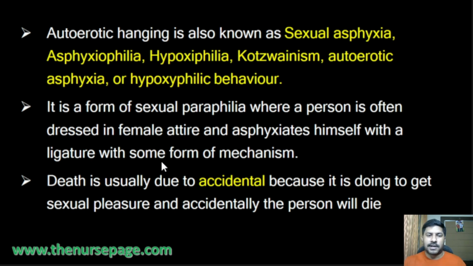With that they will get sexual satisfaction. But in that case, they may die accidentally. Due to the longer time of hypoxia, they will die. So death is usually accidental, because they do it for sexual pleasure and accidentally the person will die.